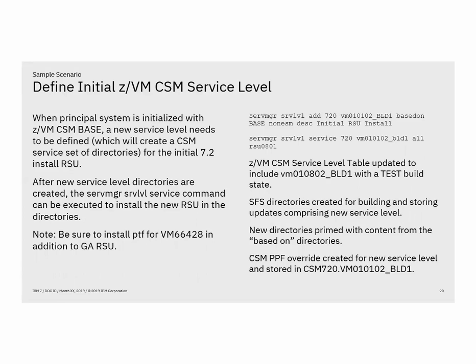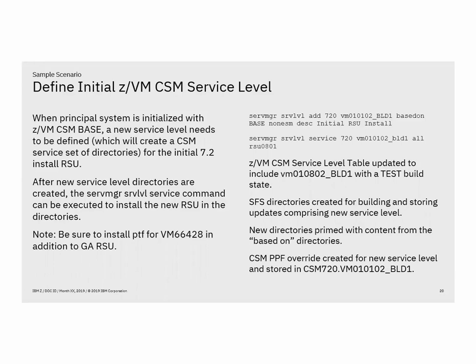So you're going to for sure want to create a service level before you define any new systems to be managed by CSM. You create a new service level with the SERVMGR SERVLEVEL command. Here's an example of doing that. I'm going to do SERVMGR SERVLEVEL ADD. 720 is the release level.